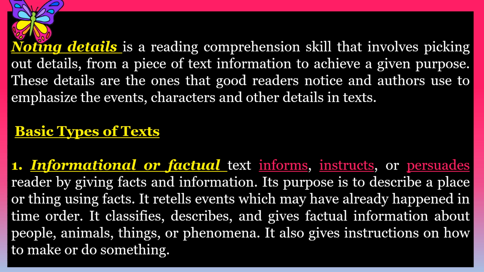It retells events which may have already happened in time order. Or it classifies, describes, and gives factual information about people, animals, things, or phenomena. It also gives instructions on how to make or do something.